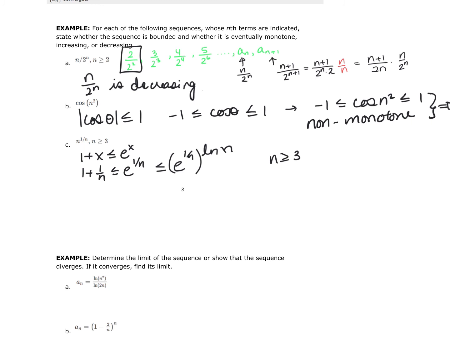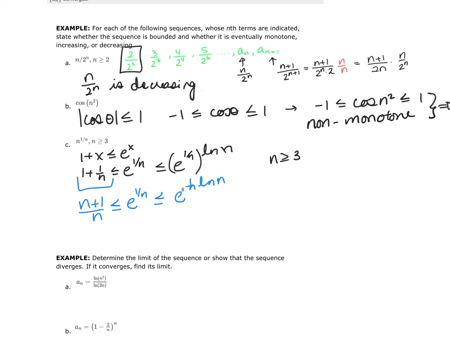So if I take any number, raise it to a power greater than 1, it's obviously larger than e raised to the 1 over n. So I'm going to make this a single fraction over here. So I have n plus 1 over n is less than or equal to e raised to the 1 over n, which is less than or equal to e raised to the 1 over n, the natural log of n.